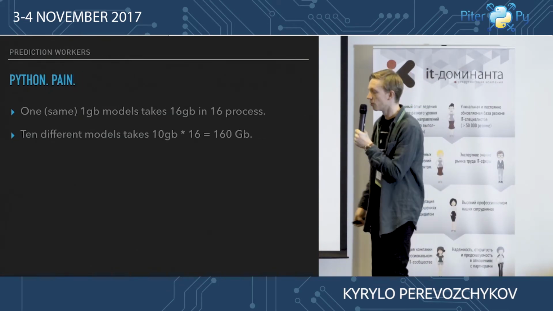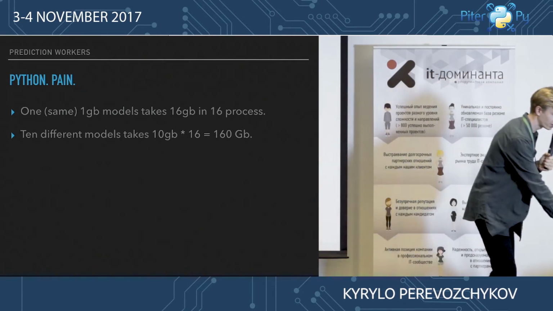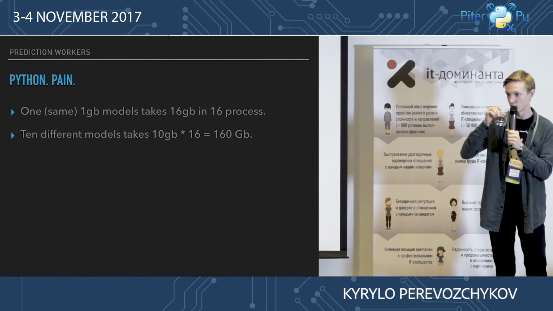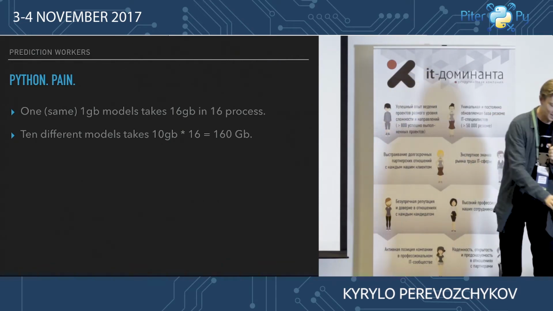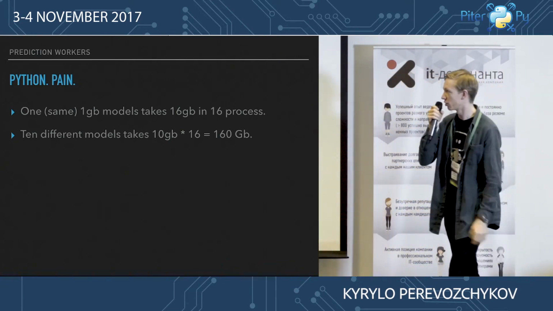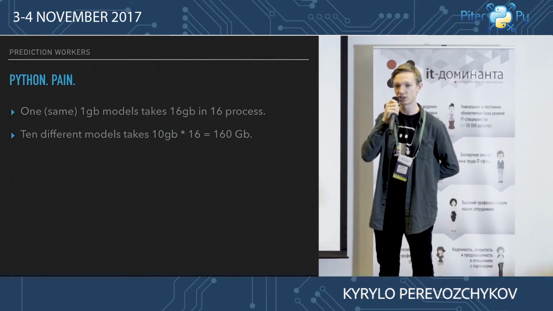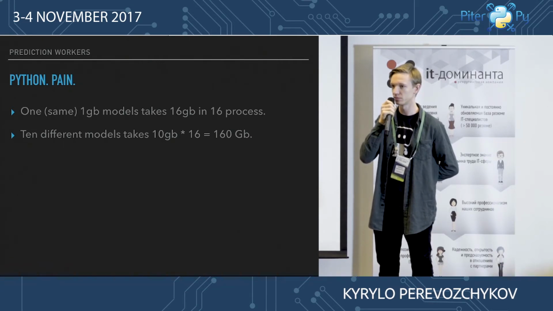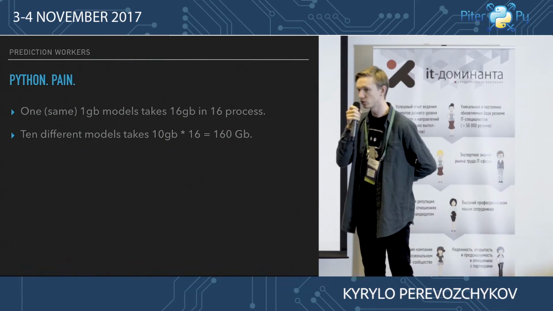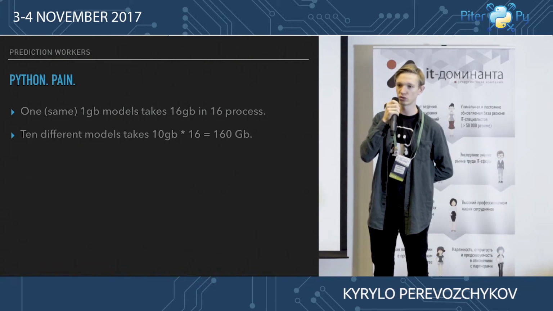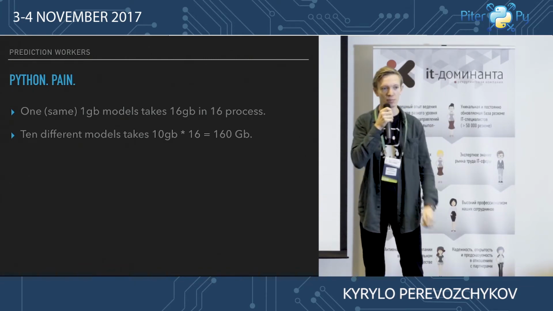Anyway, that's what I would like to emphasize, and that's where Python comes in. For the first time it tells you, look guys, I'm not the one you need. If you want to have one model for 16 processors in cache, then one model will take up 16 gigabytes of memory, and you cannot do anything about it because it's a Python object and you cannot memory map it.